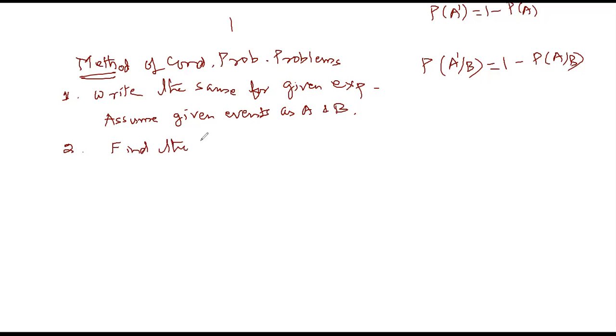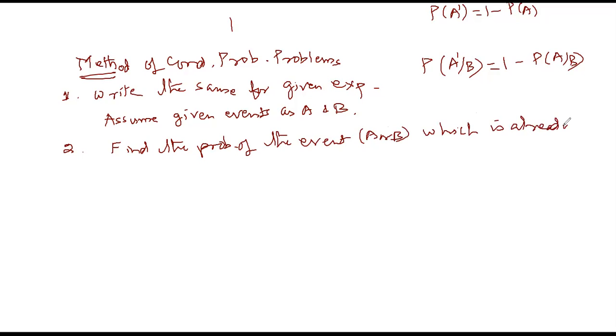Find the probability of the event, it may be A or B, which has already occurred. And then find the probability of A intersection B, the common event.